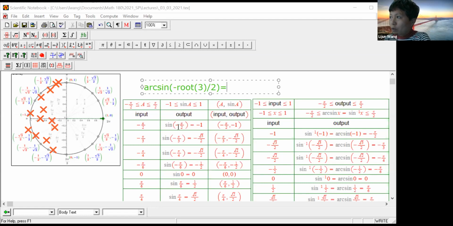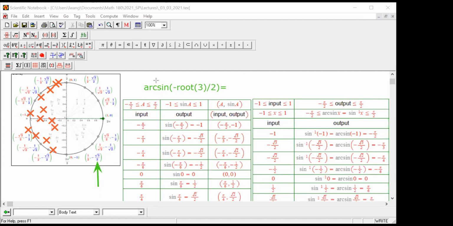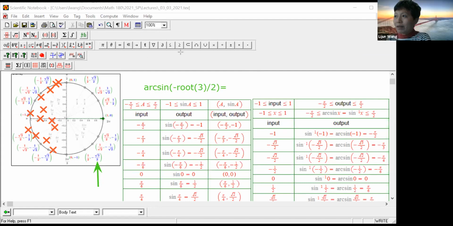You're gonna look for -√3/2 right here, because sine is a red number, and that's the input for arcsine. What you do is find the angle. Your answer for arcsine has to be between -π/2 and π/2.